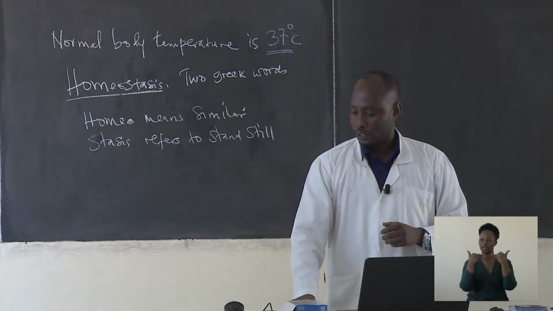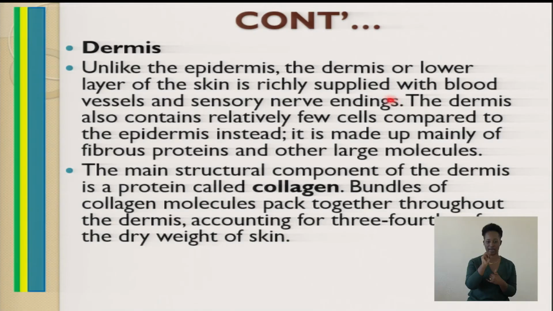Let's go to the dermis. As I mentioned, the dermis is second to the epidermis. Unlike the epidermis, the dermis, or the lower layer of the skin, is enriched with blood vessels.